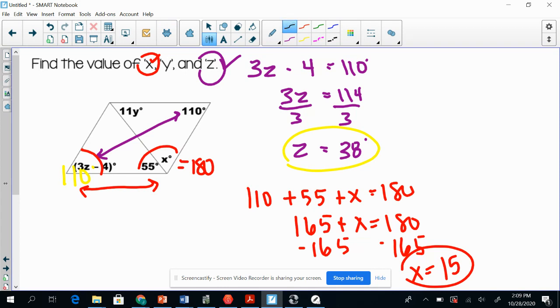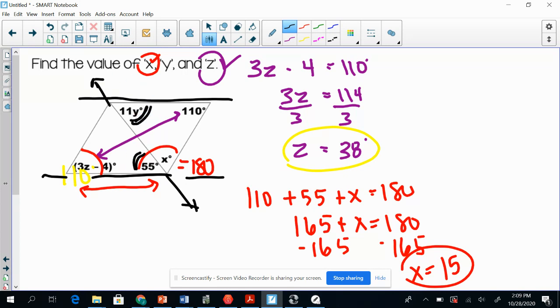Now, this is a throwback to math 2. Parallel lines cut by a transversal. Opposite interior angles are congruent. So you can either remember it from there, or you can just know that this angle and this angle in any parallelogram are going to be congruent, as well as this angle and this angle will always be congruent with your diagonal.